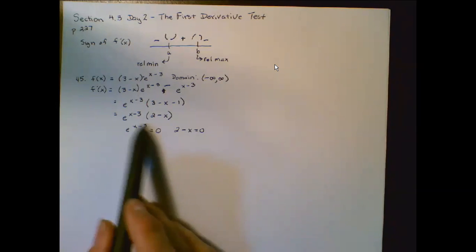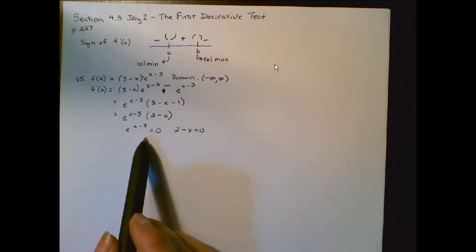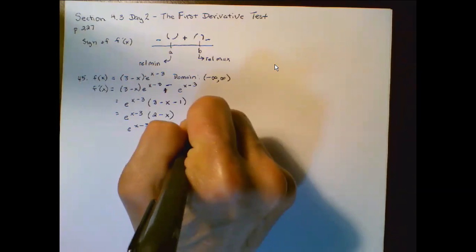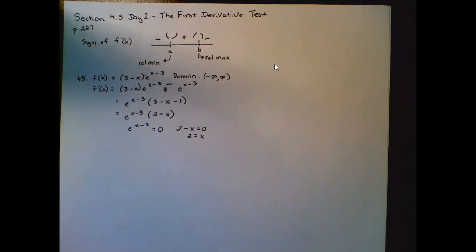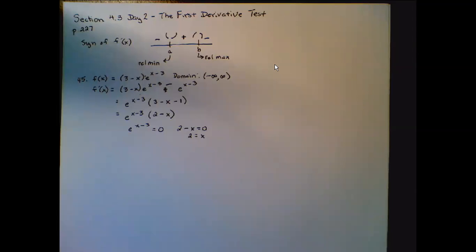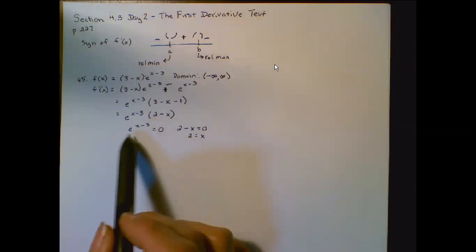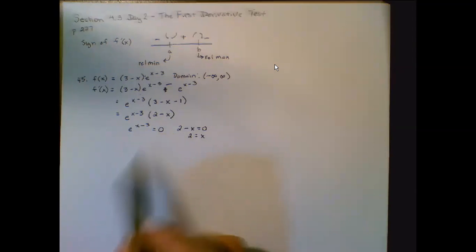So what's the solution to this equation? I'll take the easy one, make you do the hard one. It would have been a hint if I had said, is there any power of e that gives you 0?